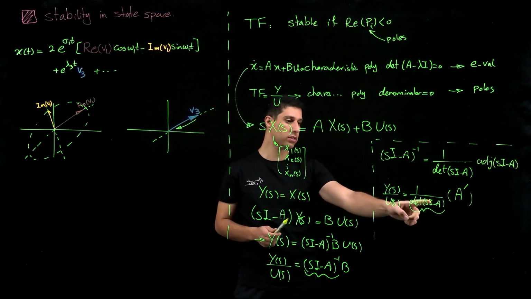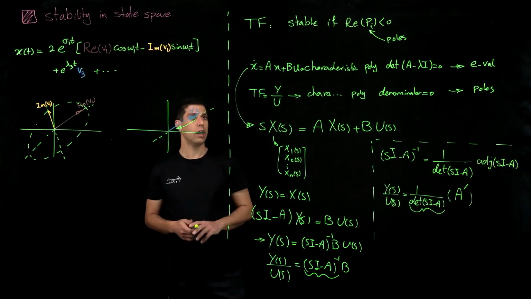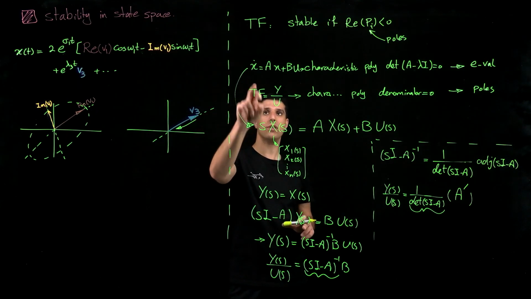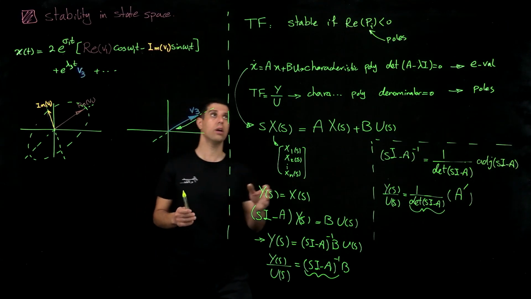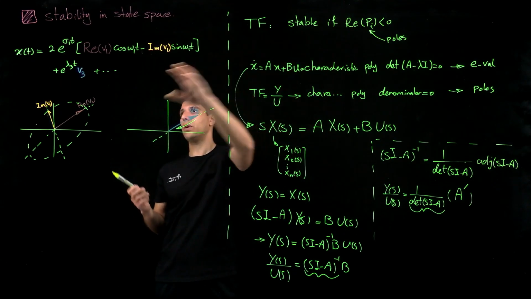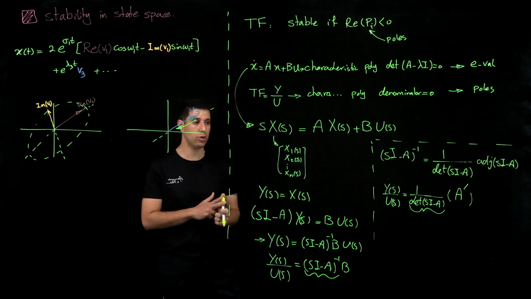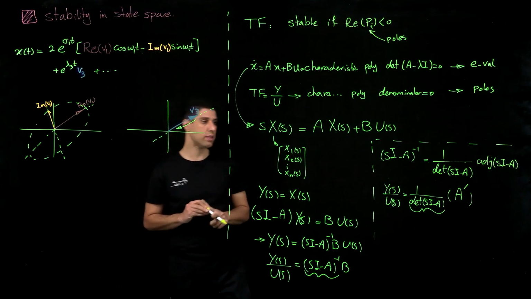So the determinant of this is the link between the transfer function and the state space equations. That's why the real part of either the poles or the eigenvalues has to be negative to have stability.